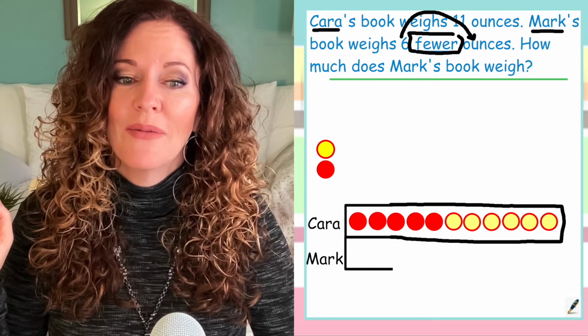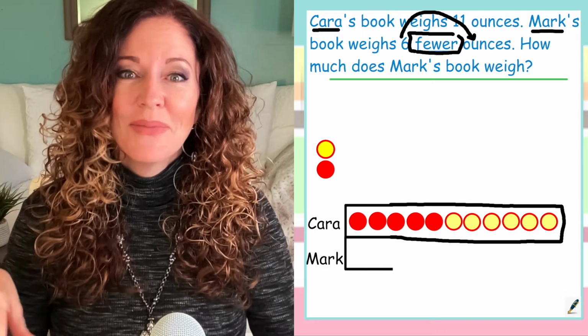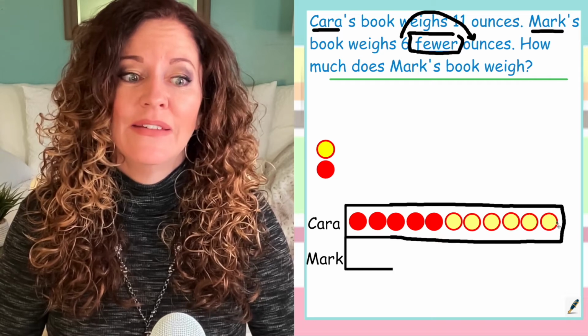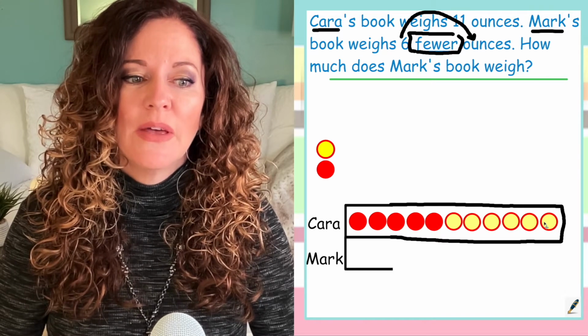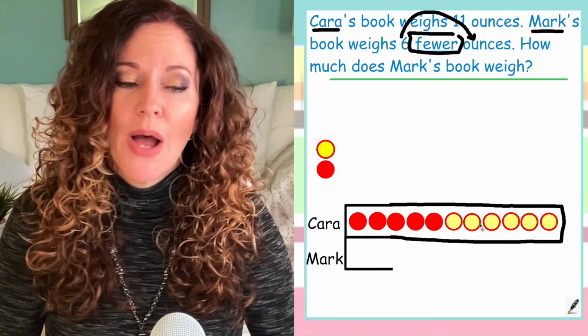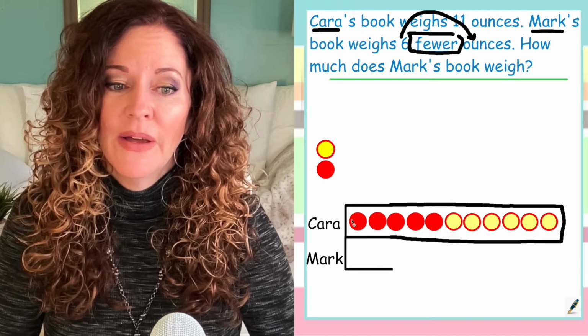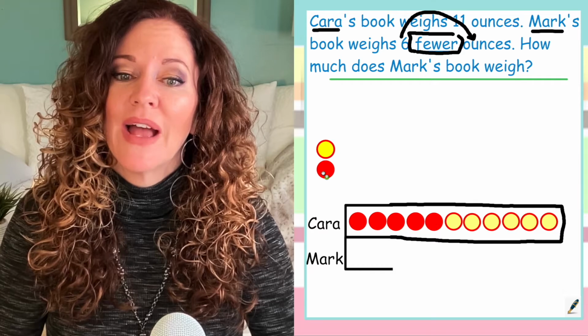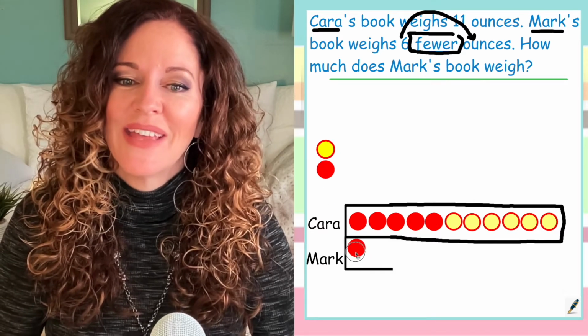And let me show you why we did that. Because in doing that, I can still see that Kara has 11, but I also can see that Mark has 6 fewer. So I have backed up 6 of them, and these red ones that are left must be the amount that Mark has that's the same as Kara.